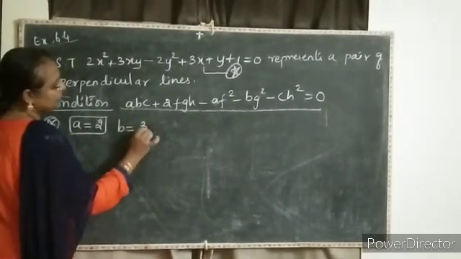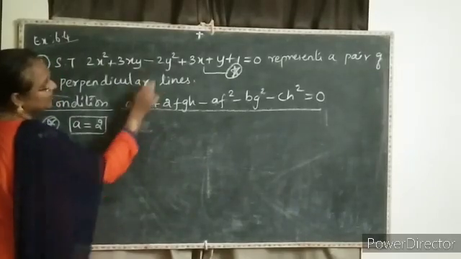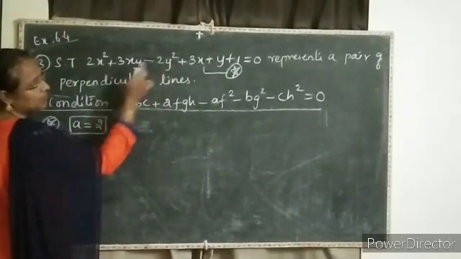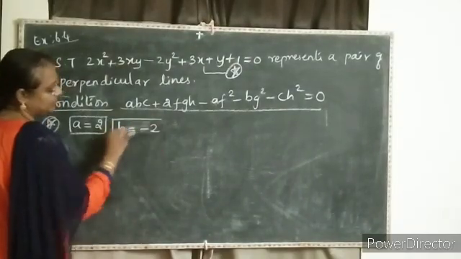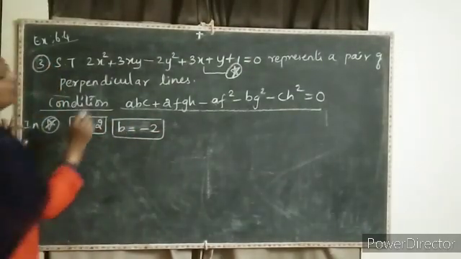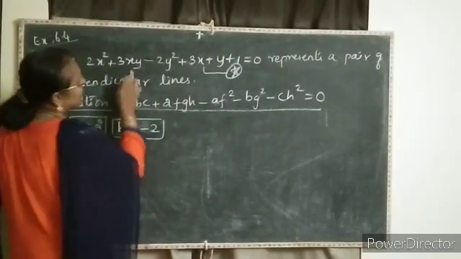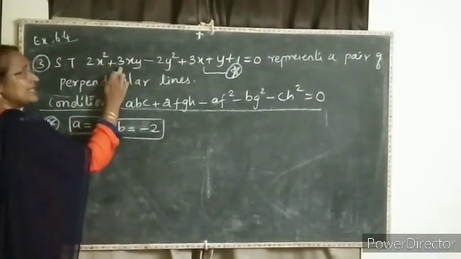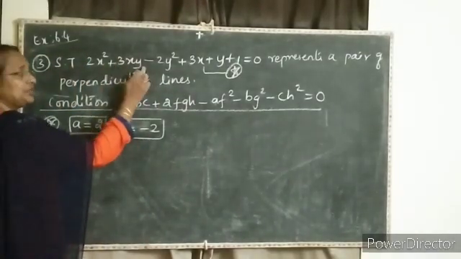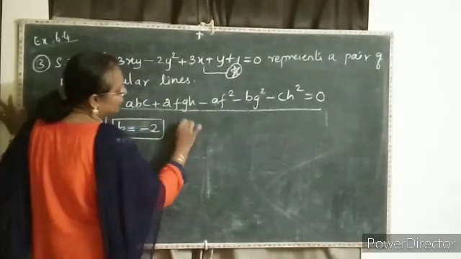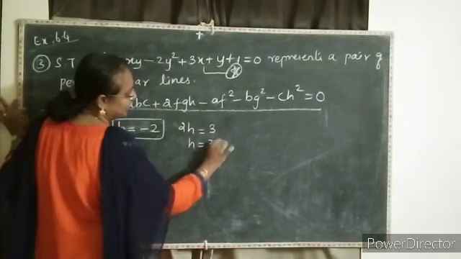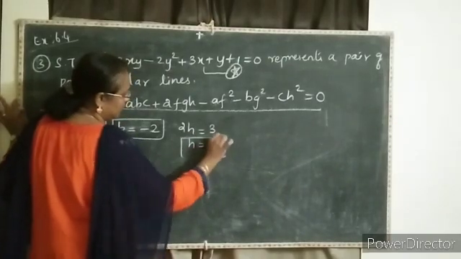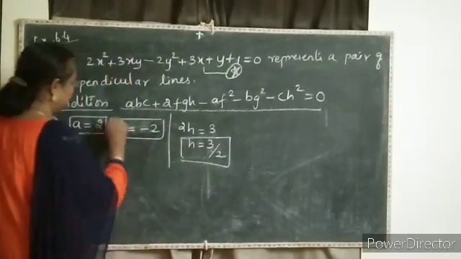The y squared coefficient is the b value, so b is equal to minus 2. The next one is 2hxy, so 2h is equal to 3. So h is equal to 3 divided by 2.